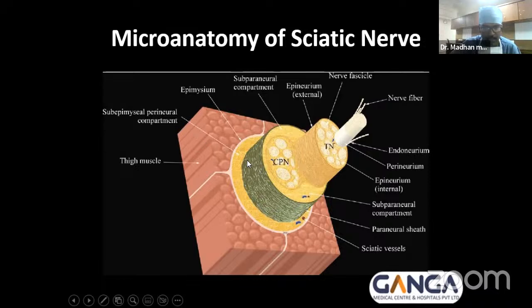And then this is the subparaneural compartment inside this. And then the epineurium, the perineurium, and the endoneurium. So our area of interest is this one, the center point between the common peroneal and the tibial nerve in the paraneural sheath, the subparaneural compartment.